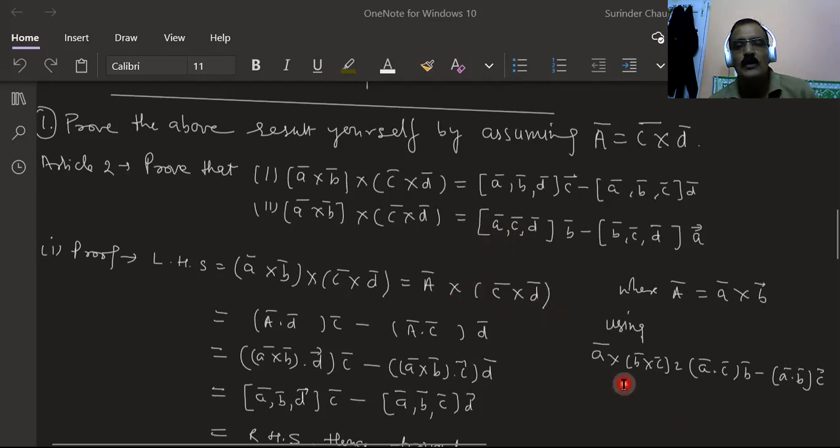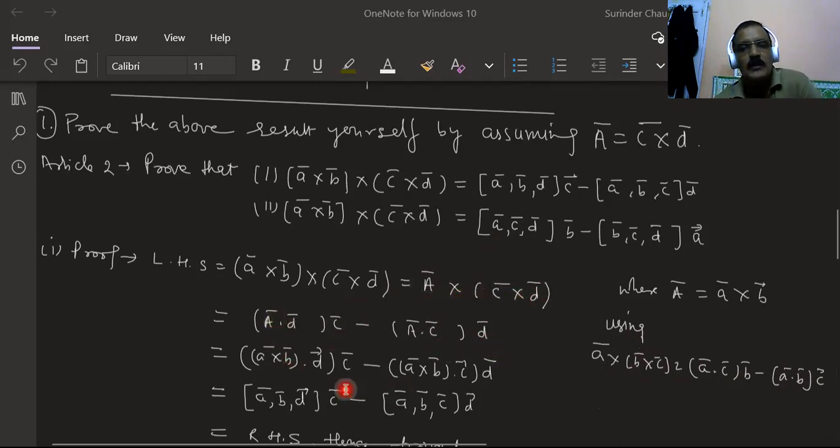Now using the result of the cross product of three vectors, capital A is A, C is B, and D is C. Substituting in this equation, we got capital A dot (C vector minus D vector), coplanar to C minus D vector, is equal to vector A dot D vector minus vector A dot C vector.